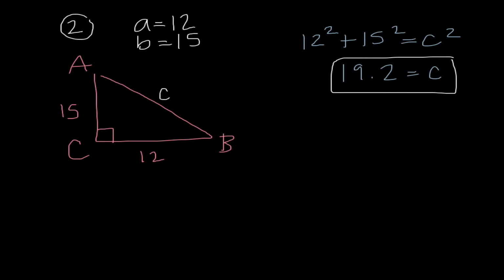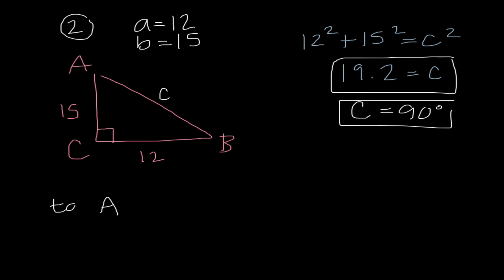Now we need to determine which of these 2 angles we need to find first, because those are the only 2 things we need to find, because we know that angle C is 90 degrees. I'm going to start with A, and once again, this is an example where I'm going to use the given information. I'm going to use 12 and 15. That looks like the opposite side and the adjacent side, so I'm going to say tangent of angle A is equal to 12 over 15.